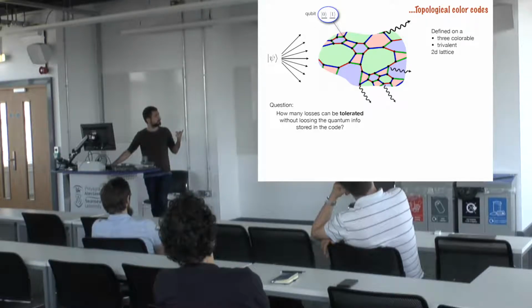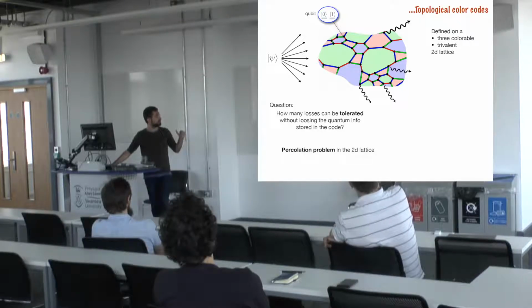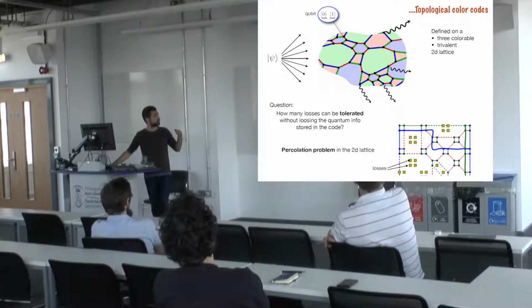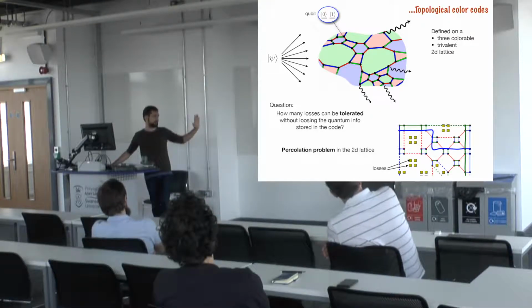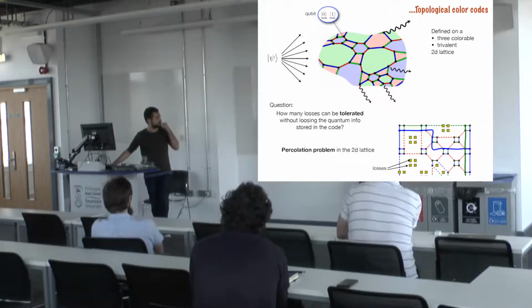And it turned out that this problem is equivalent to a classical problem called percolation, which looks at whether there exist paths that connect the left border with the right border of the lattice, or the top border with the bottom border of the lattice, as this blue and green path show.